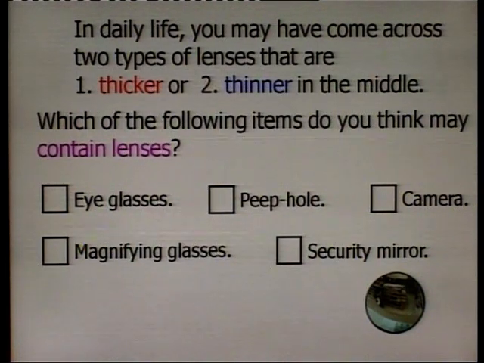Out of these, an eyeglass contains a lens, a peephole also contains a lens. You must have seen a lens in a camera also. A magnifying glass is also a convex lens, but a security mirror is a mirror, not a lens.